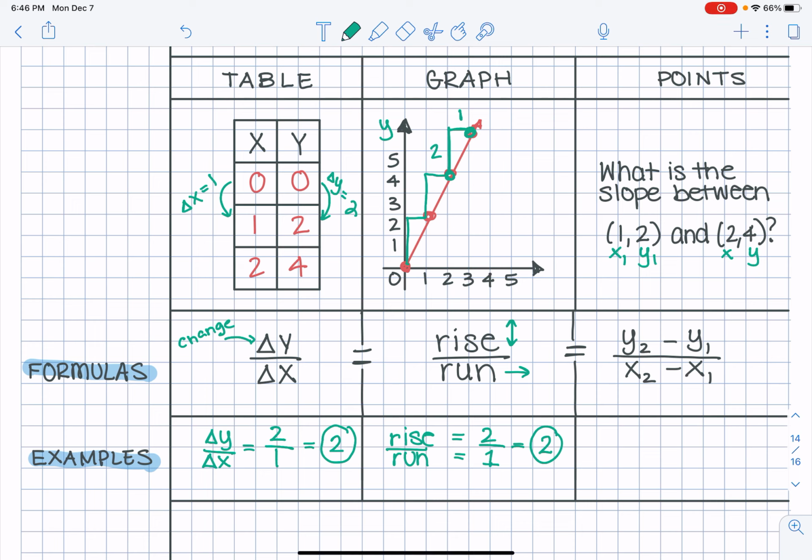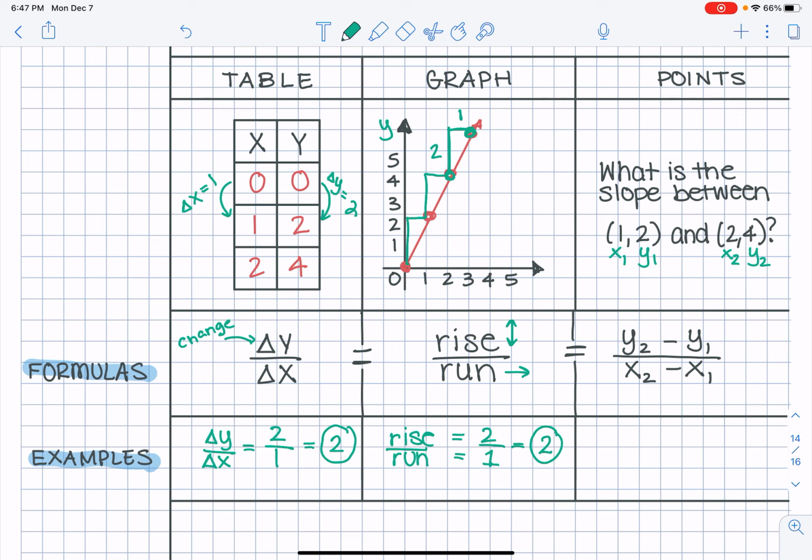And since the other one is my second point, I'm going to call this x2 and y2. So x1 is the value 1, x2 is the value 2, y1 is the value 2, and y2 is the value of 4.